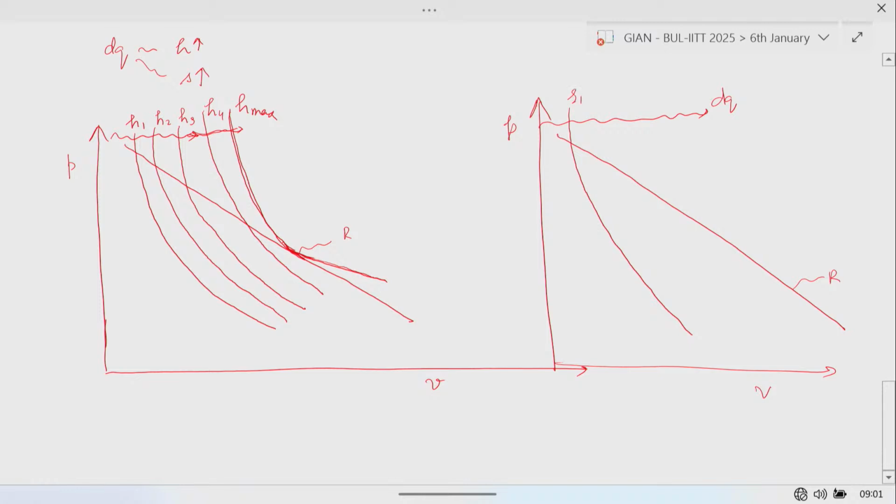Here it is S1. Addition of heating will cause the entropy to increase from S2 to S3, and then it can increase, so then it becomes S max. So the R line will become a tangent to S.